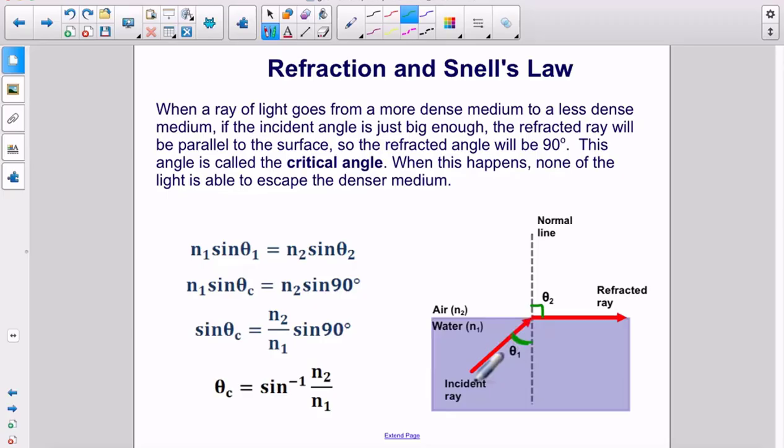When the incident light ray is at this critical angle, none of the light is able to escape the denser medium. So remember, if the incident angle was smaller, this ray would bend away from the normal. So as this incident ray goes this way, this refracted line goes that way. Eventually, it just goes straight across this way, and none of the light is going to go into the air.